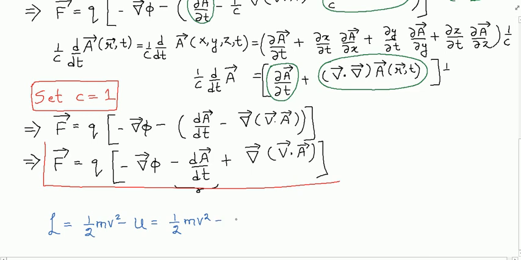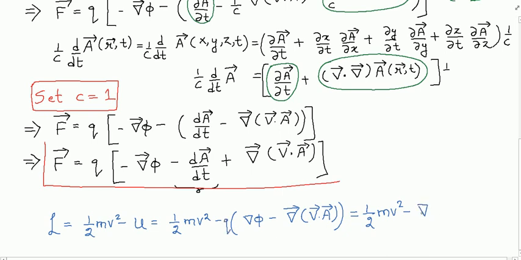It is minus gradient of phi, and then minus gradient acting on v dot A. Okay, so let's just remove the bracket. So you have half m v squared, and I have a minus, oh, I forgot the q, so let me put the q here.